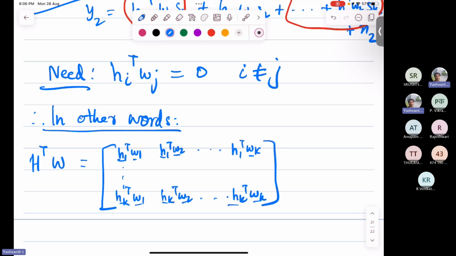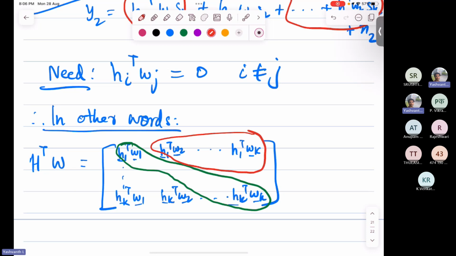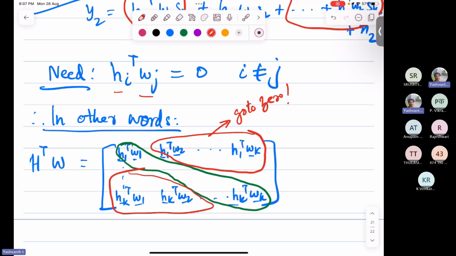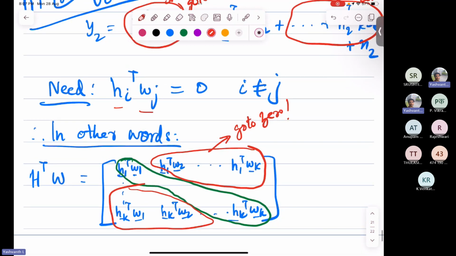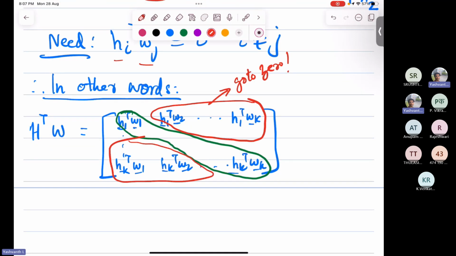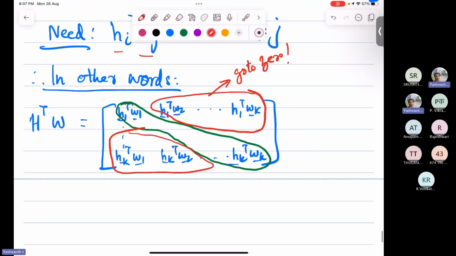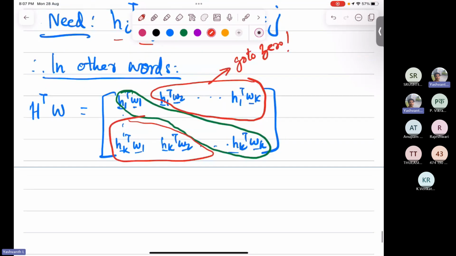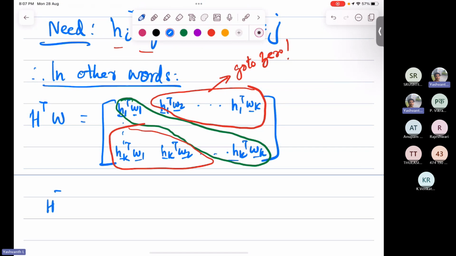If you see, all the diagonal terms we want to keep as they are. All off-diagonal terms are inner products of Hi and Wj where i is not equal to j, so these should go to 0. We don't bother about the value of H1 transpose W1. Our aim is only to cancel the inter-user interference. We are not bothered about getting better quality of the desired signal. So this H transpose W should become a diagonal matrix.